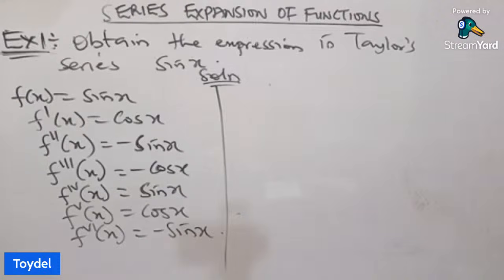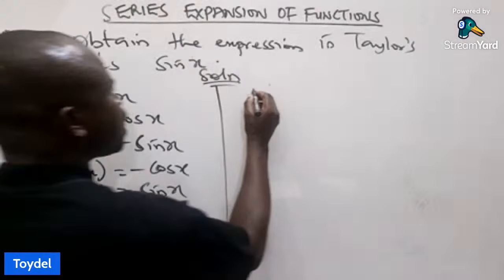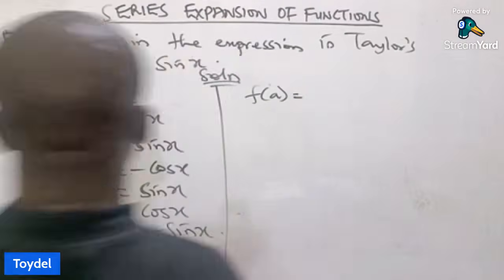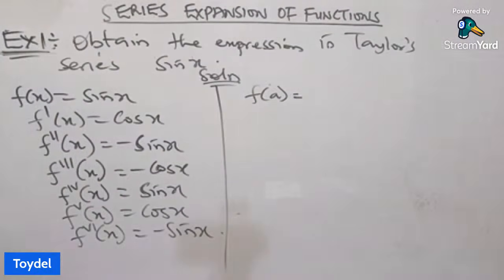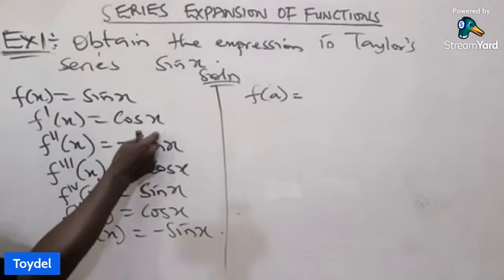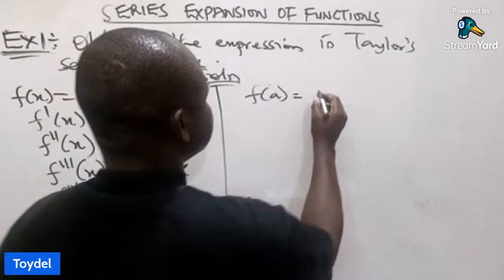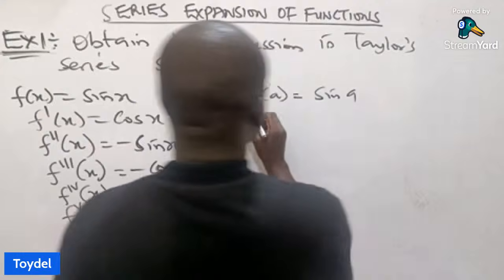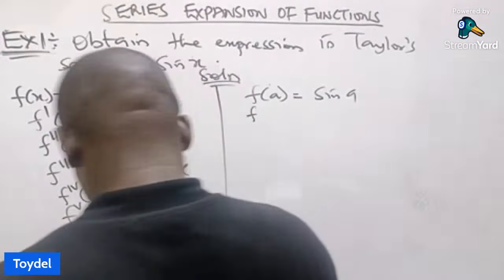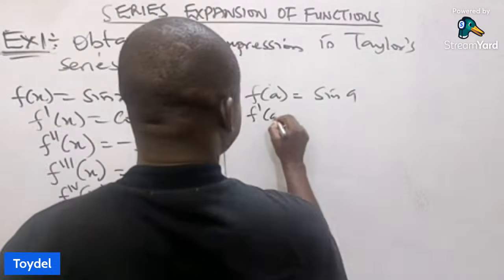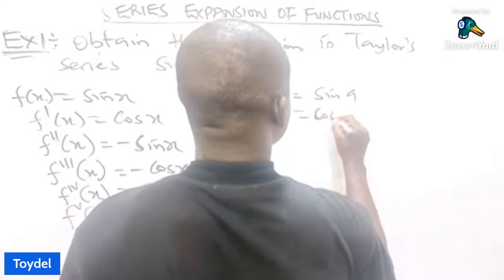Then we go ahead and look for f of a, because that is what we have in the formula. The only difference is that whenever you see x here, we just change it to a. That's what you're going to have. This will be equal to sine a. Then f prime of a will be equal to cos a.